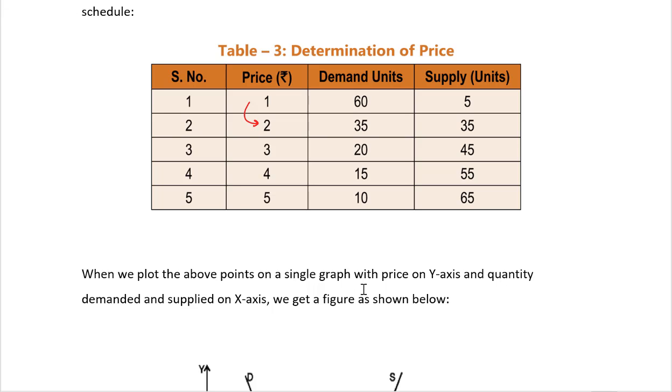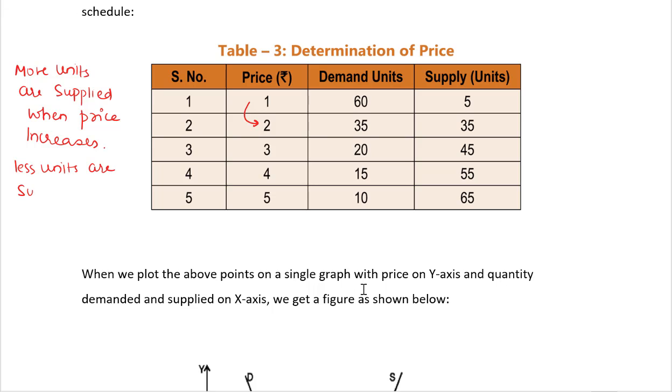Because as per the law of supply, more units are supplied when the price increases, and fewer units are supplied when the price decreases. When the price of the product decreases.